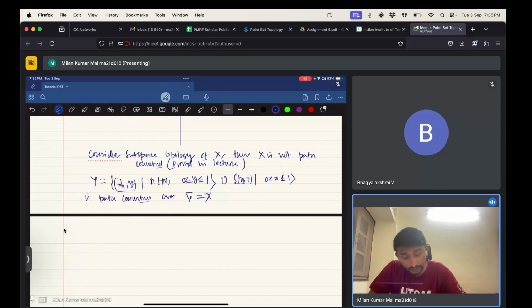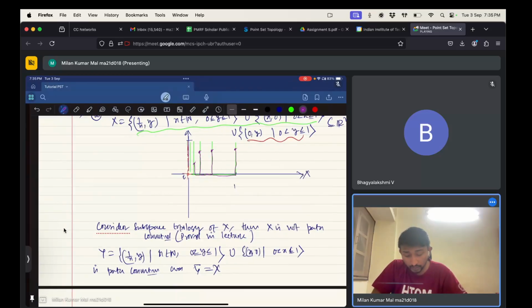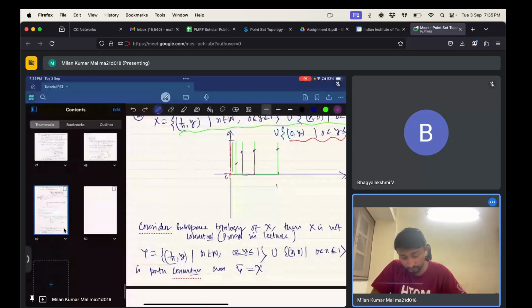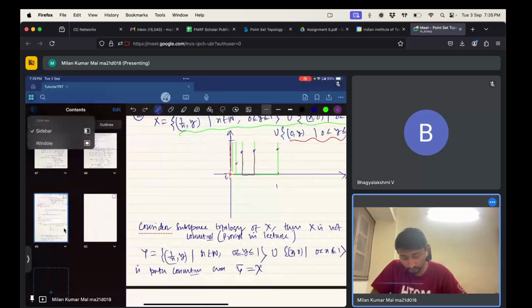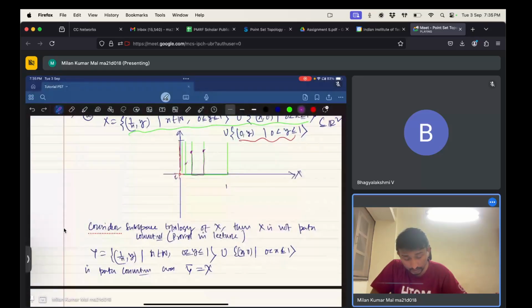Now we can take any 2 points of this blue line, and I can always get a path connecting these 2 points. Take any point here, any point here, I will always get a path connecting them. So the main point is that we can always connect a path.